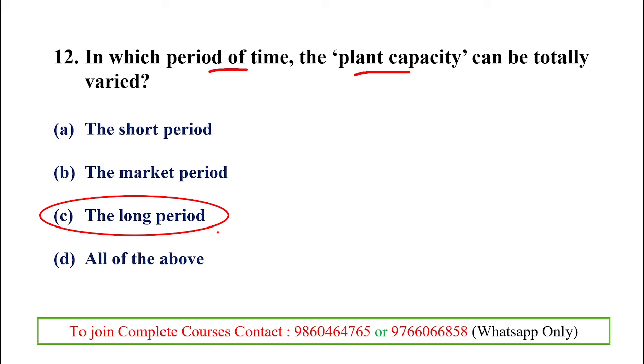It can only change the labor, resources, and raw materials in the short period, but it cannot change the building and machinery. So in the long period the plant capacity of the firm can be totally changed.